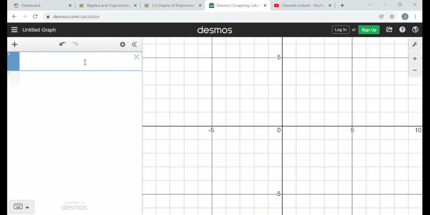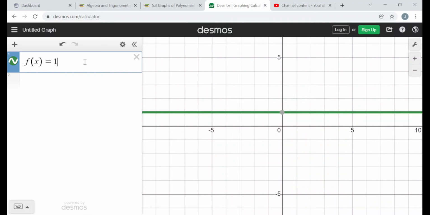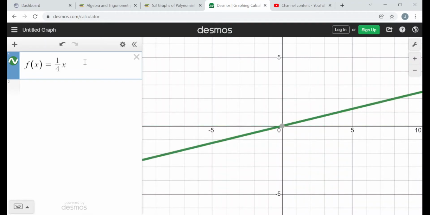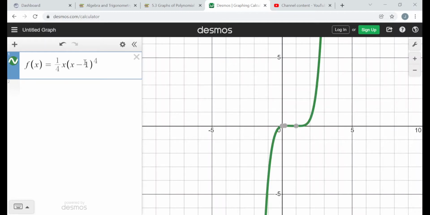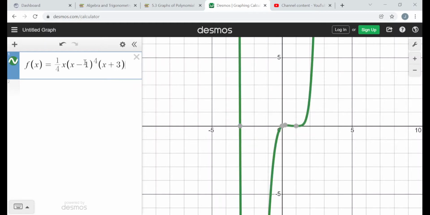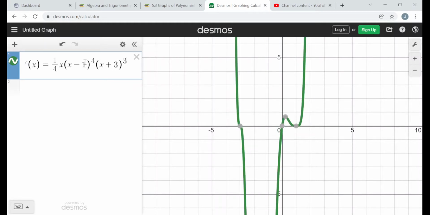I'm going to enter the function we were given, right? f of x equals 1/4 times x times the quantity x minus 1 to the 4th power, then times the quantity x plus 3 to the 3rd power.